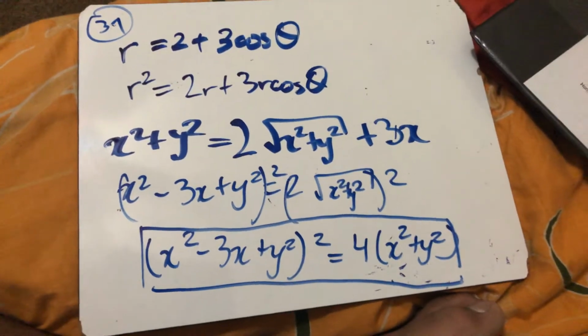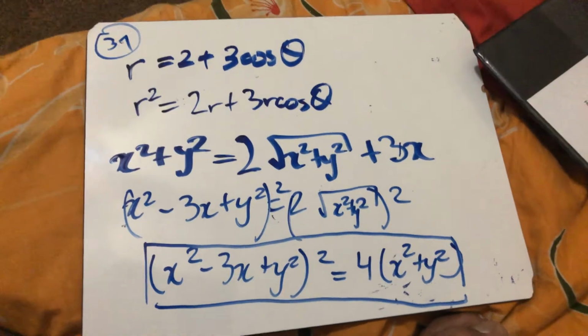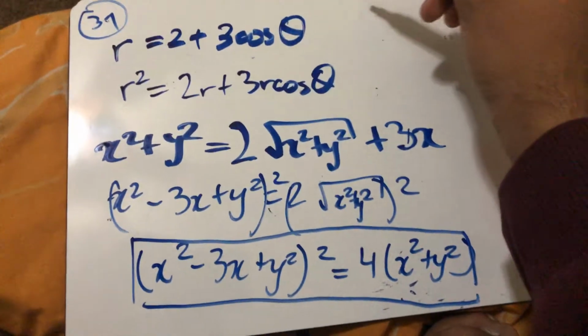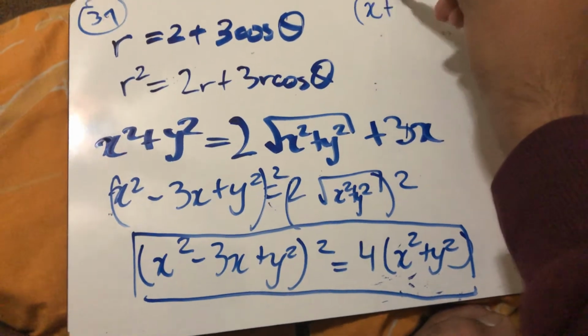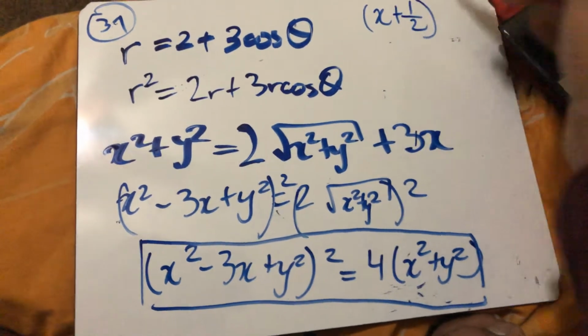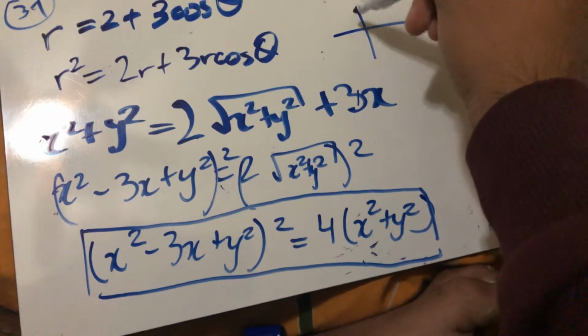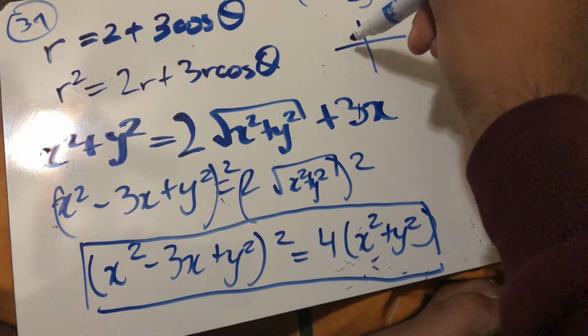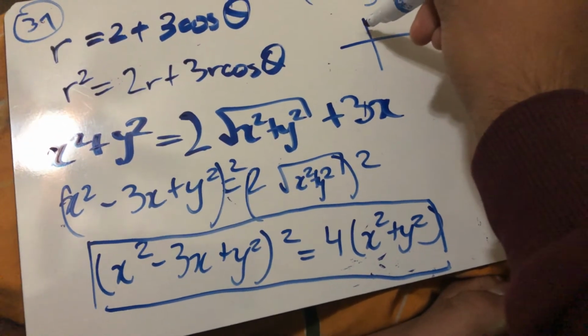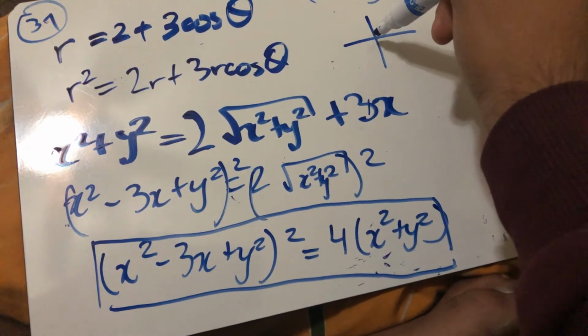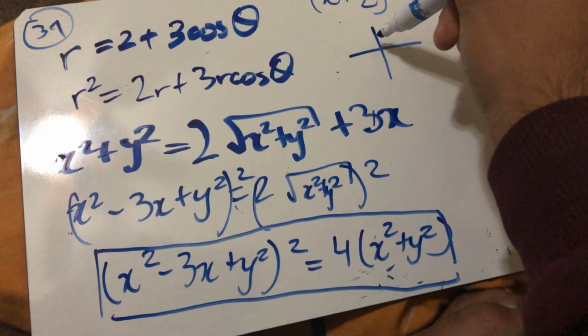Now, I actually graphed this, and once I graphed it, it looked like it was a circle, centered at negative 1/2, comma 0, with a radius of 0.5.